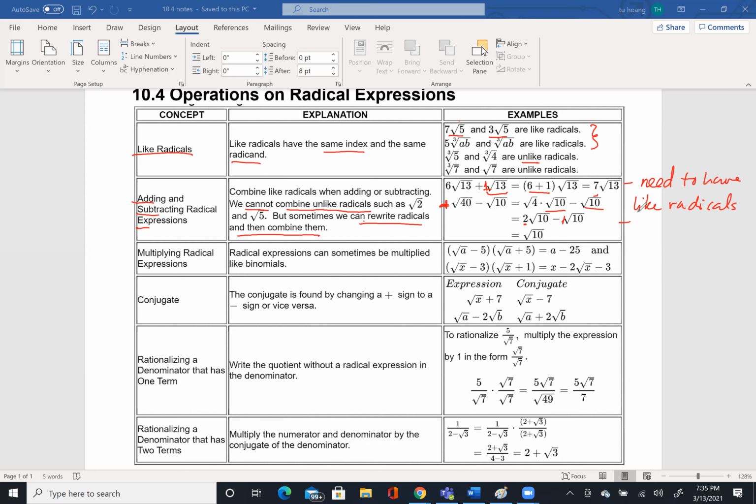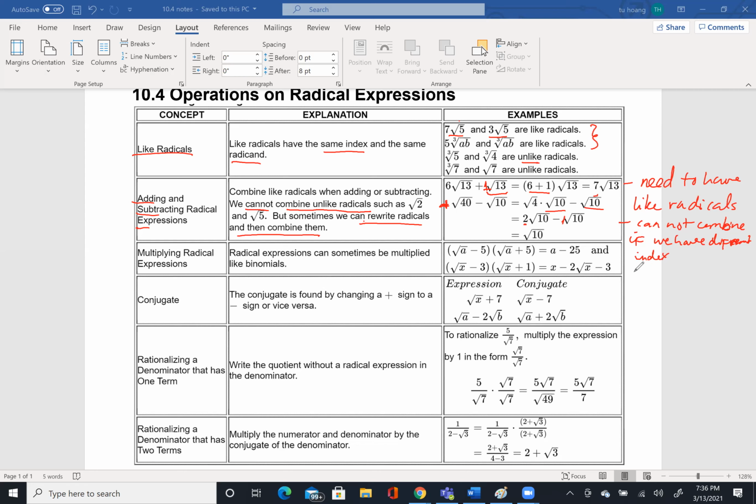Another thing is, you cannot combine if you have different indices. You cannot add or subtract when you have different indices.